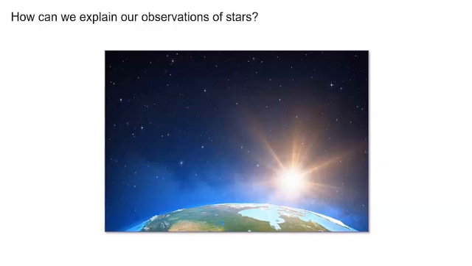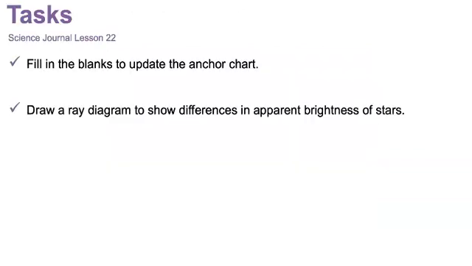We will continue exploring our observations of stars as we work to answer the question, how can we explain our observations of stars? Let's review your tasks for today. First, fill in the blanks to update the anchor chart. Second, draw a ray diagram to show differences in apparent brightness of stars.